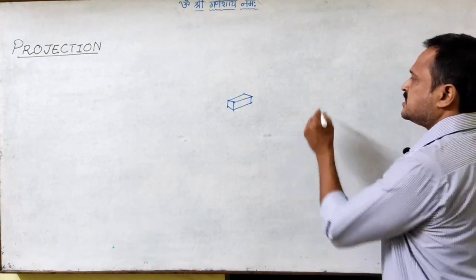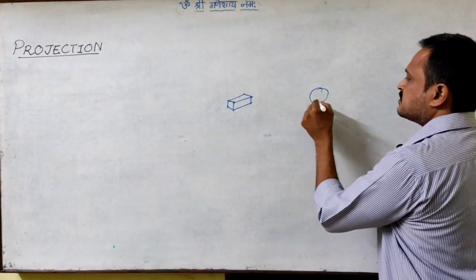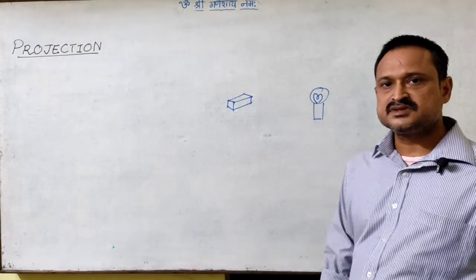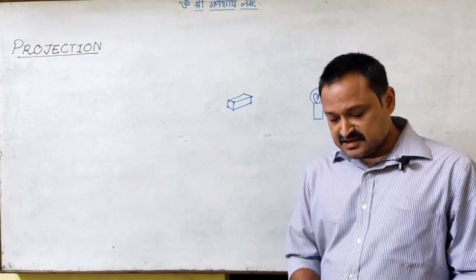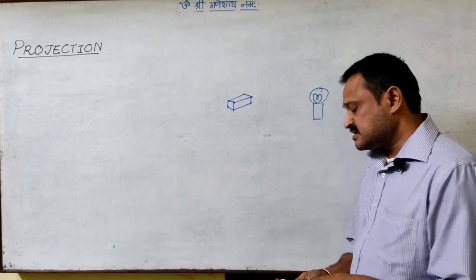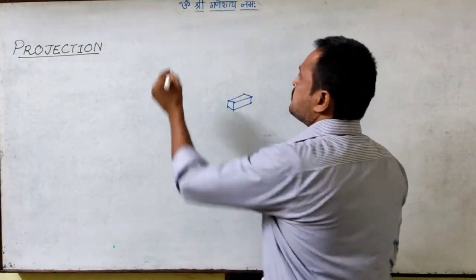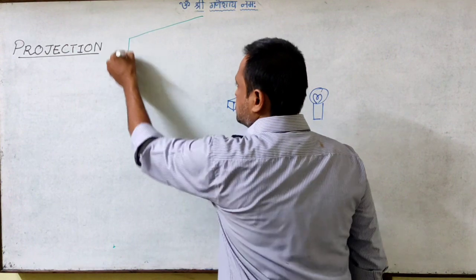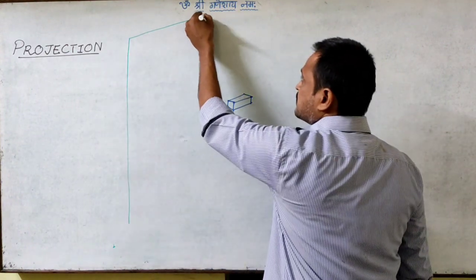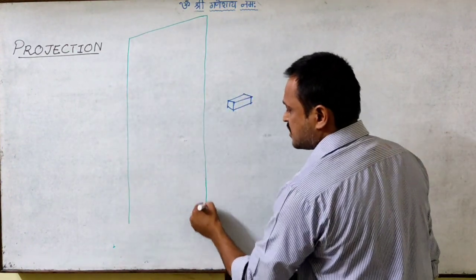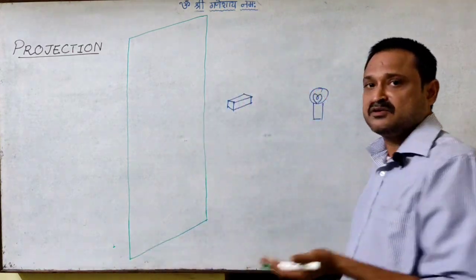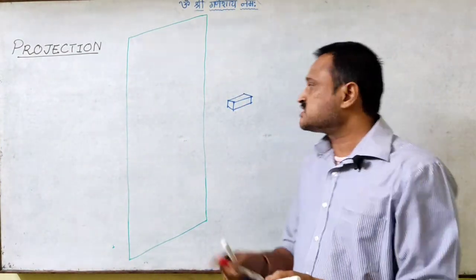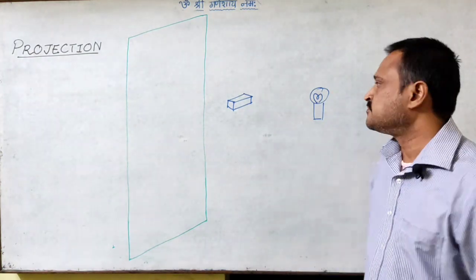One, I definitely need a light source, as well as another thing, a screen. Until and unless I have a screen, I won't be able to get the image, because the image I will be getting on some surface. So that will be the screen.